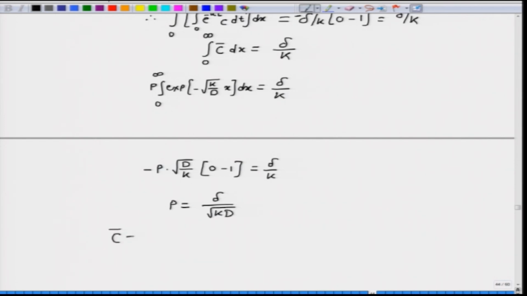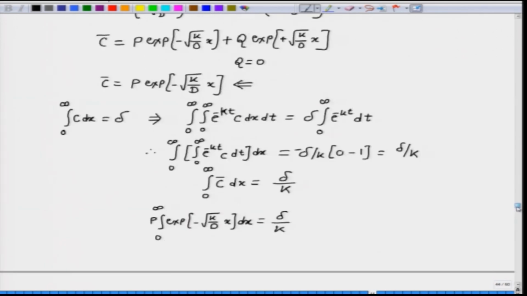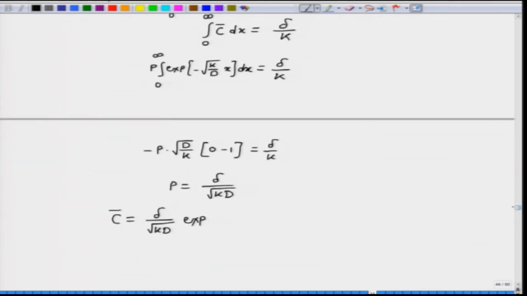So, the solution becomes c bar is equal to delta by root k d exponential minus root k by d x, right.